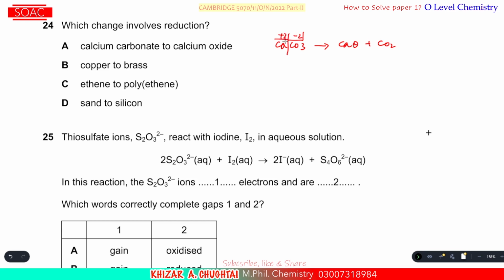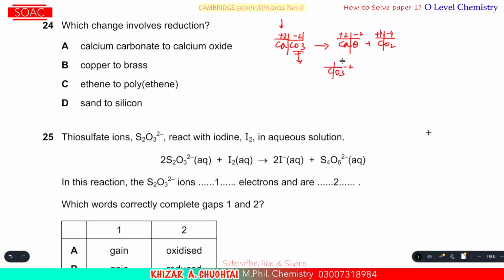Calcium has a +2 oxidation state as it belongs to group 2. Again, it has the same +2 oxidation state. Oxygen is -2 in this case. Carbon is showing +4 in this case.